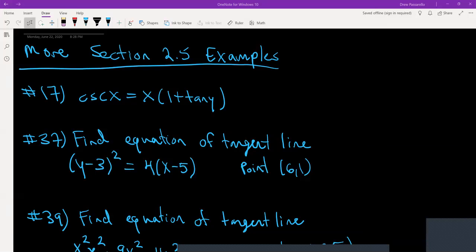All right, so this video covers the last three examples for section 2.5, and I'm going to use implicit differentiation for each one of these three. So number 17 gives you cosecant x is equal to x times 1 plus tangent of y.